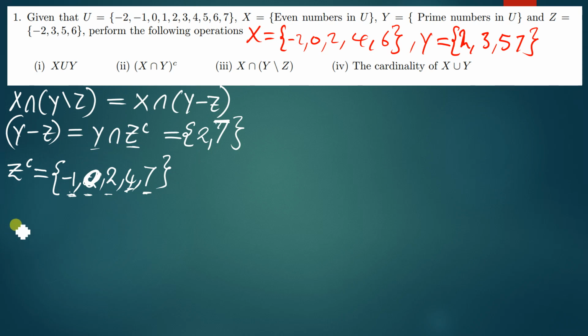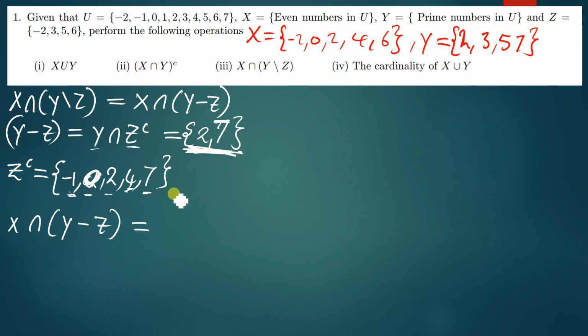So now let us find what x intersection y minus z is. Meaning we're finding the common elements between this set and x. So set x is simply -2, 0, 2, 4, 6. So we have x intersection y minus z. So y minus z is 2 and 7.